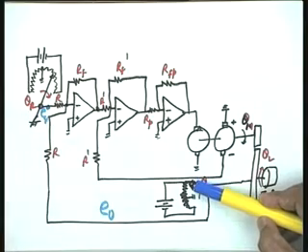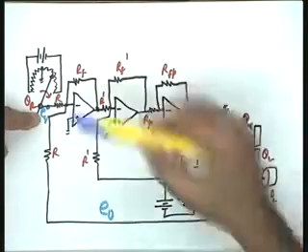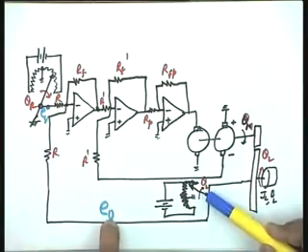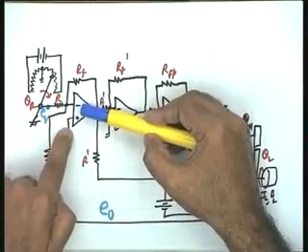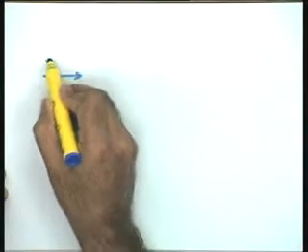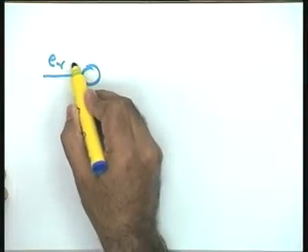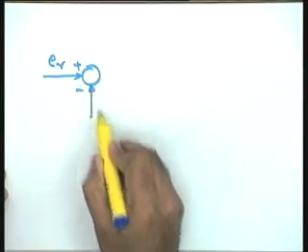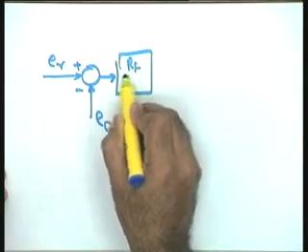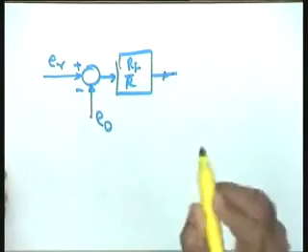In that case, ER is a negative voltage and E naught is a positive voltage, and this particular gain is minus RF by R. I hope you won't mind if instead of showing negative signs with ER and E naught, I take this block diagram, ER plus minus E naught, and here I am putting RF by R. It is an equivalent thing.